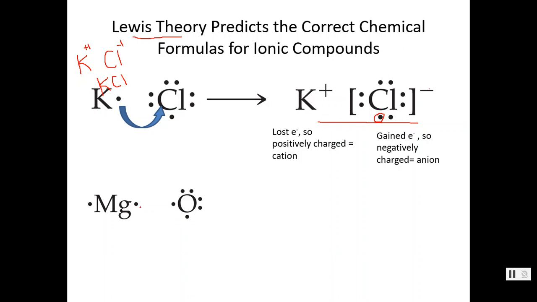You can see that oxygen would love to have those 2 electrons that magnesium has. That would give it an octet. If you look at your periodic table, if magnesium loses 2 electrons, it will have the same number of electrons as its closest previous noble gas, which is neon.